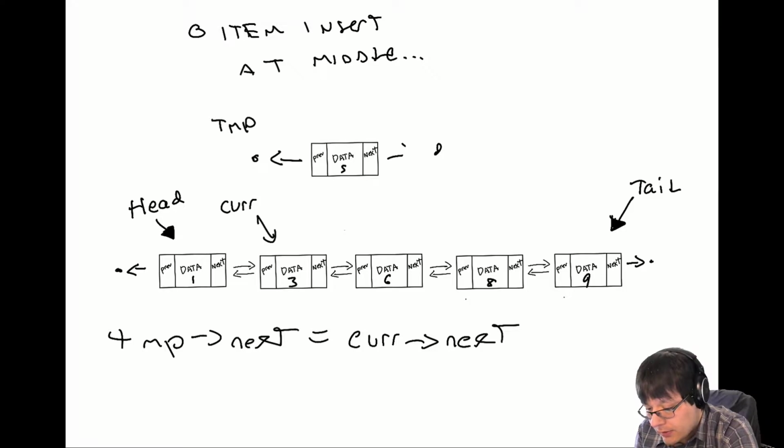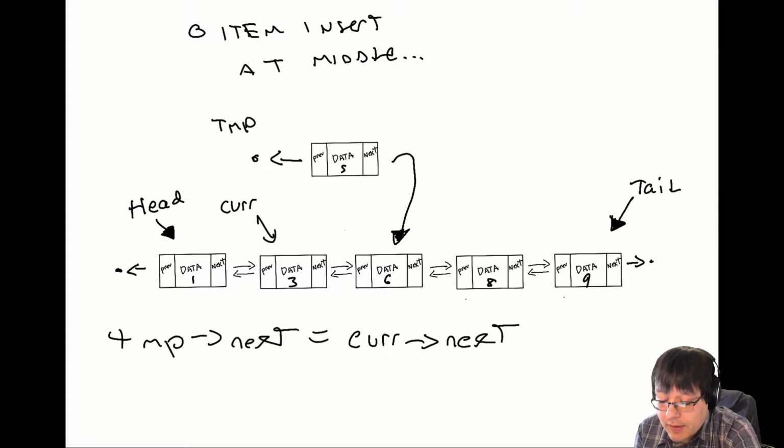Doing that is going to basically make this point to 6. Okay, good. The next thing we need to do is make 6 point back to 5. So we need to make that point back over here.